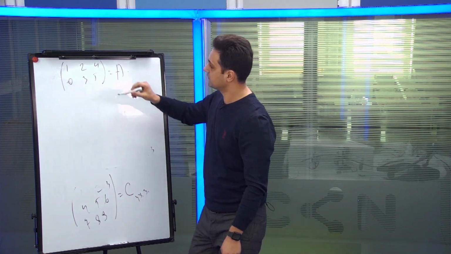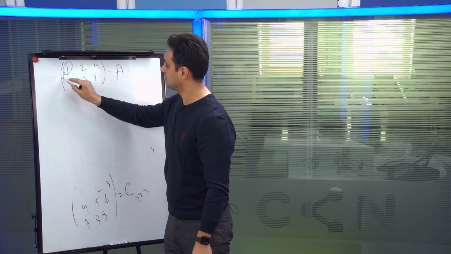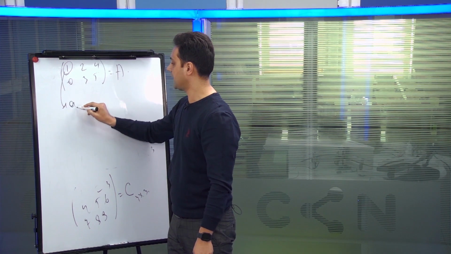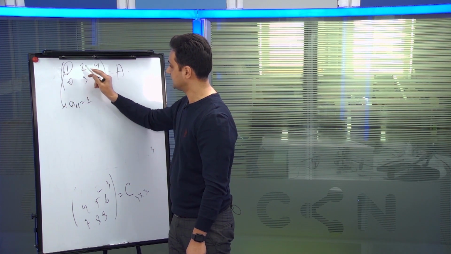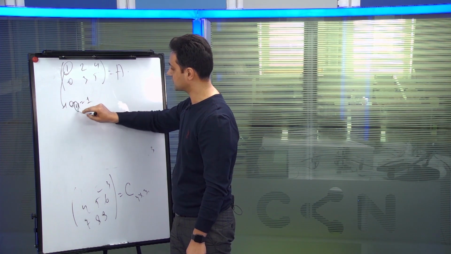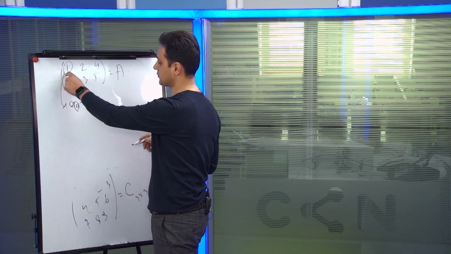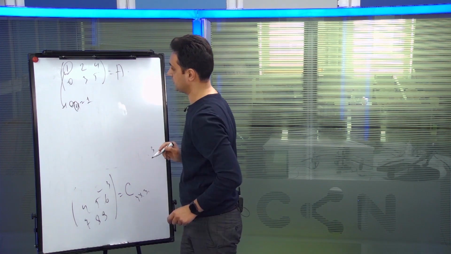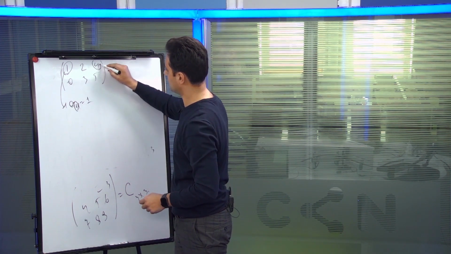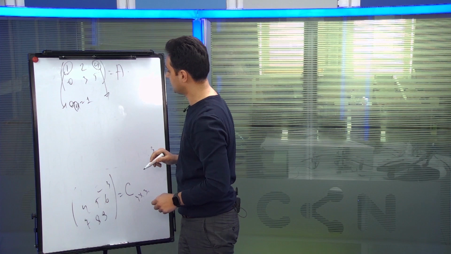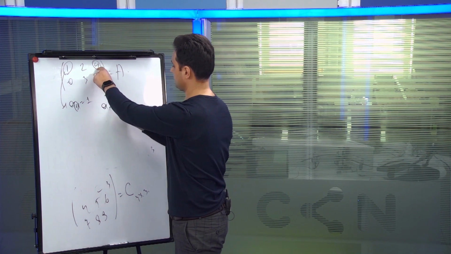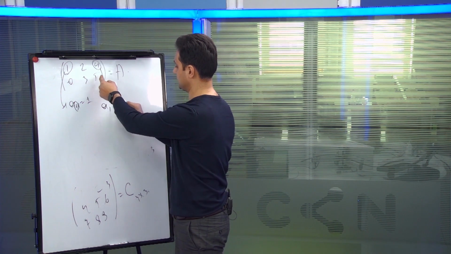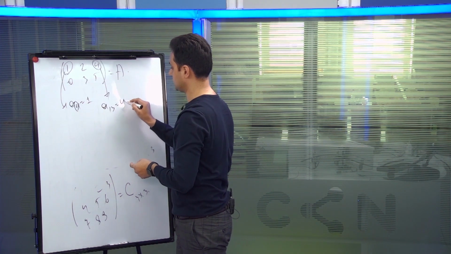So the first is the element A11, which is equal to 1. The first index shows the first row and the second index shows the first column element. If we have, for example, the element in the first row and third column, we notate it A13, which is equal to 4.